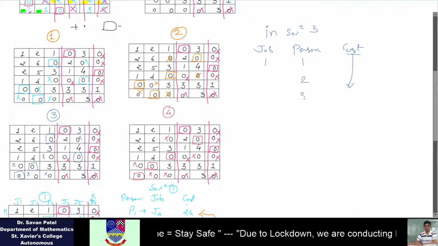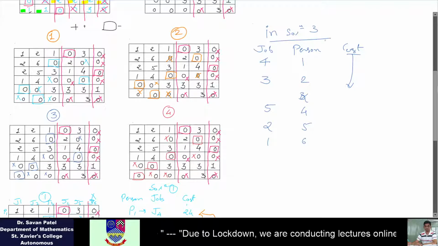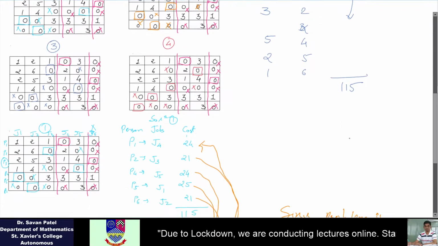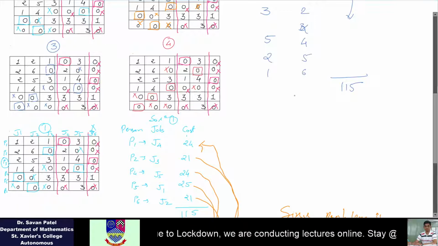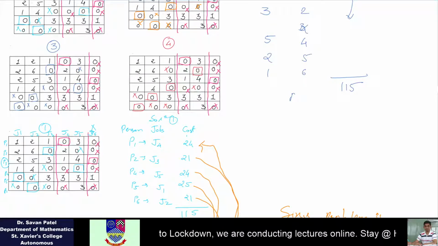Person 1, 2, 3, where 3 is not going to get a job, then 4, 5, and 6. So person 1 is going for job number 4, person 2 is going for job number 3, person 4 is going for job number 5, person 5 is for 2, and person 6 is for 1 in solution number 3. And if you write the cost, that will also add up to 115.